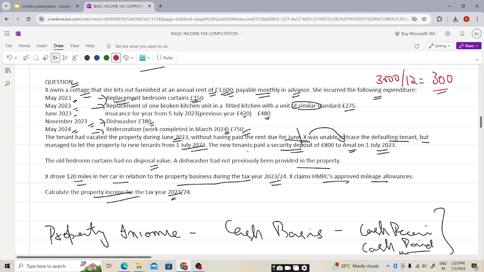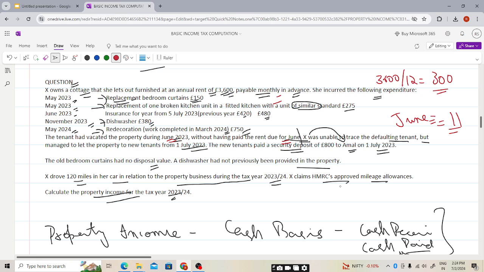Clear? And it is paid in advance. But they have told us the tenant had vacated the property during June 2023 without paying the rent due for June. So we did not receive the June amount. Cash basis means whatever amount you receive, so we need to calculate only for 11 months.